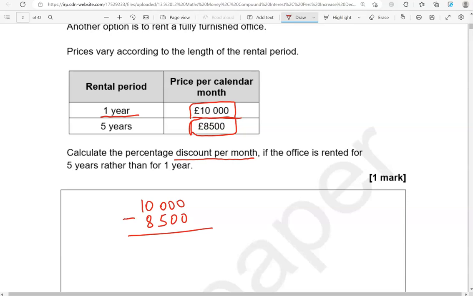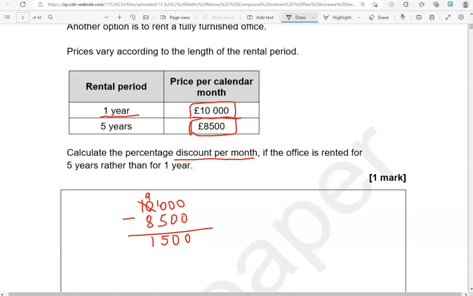So we've got 0 take away 0, which is 0. Again 0. We need to take away 5 from the 0, which means we've got to borrow. But we can't borrow from the 0 here. I'm going to borrow from the whole thing from 10. This becomes 9. This becomes 10. 10 take away 5 gives us 5. 9 take away 8 gives us 1. So 1,500 is the difference.